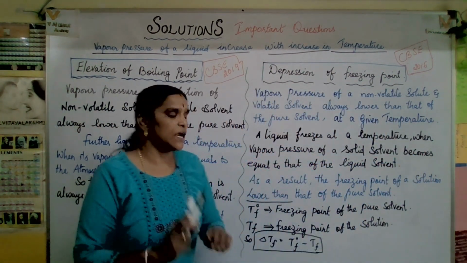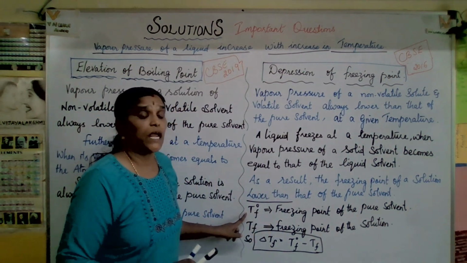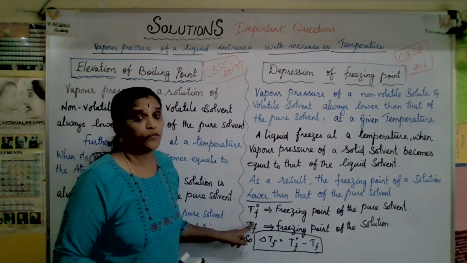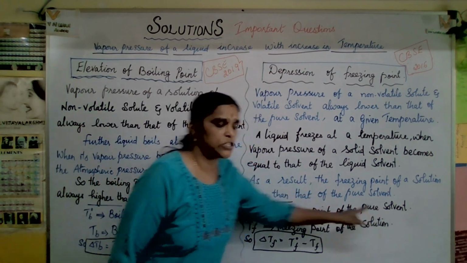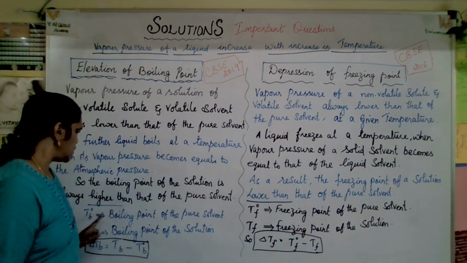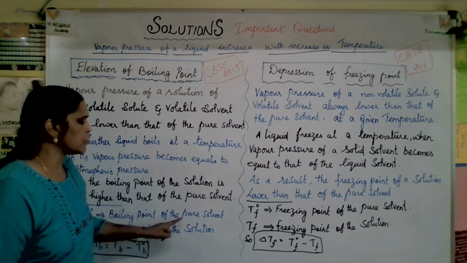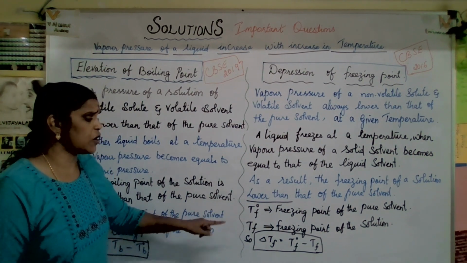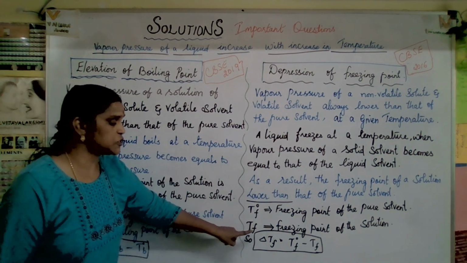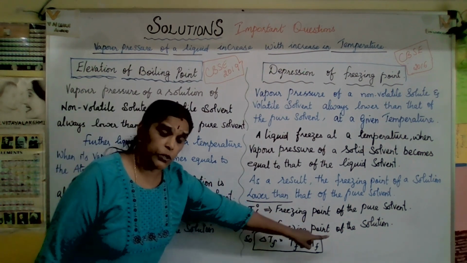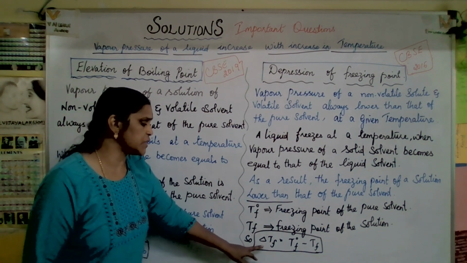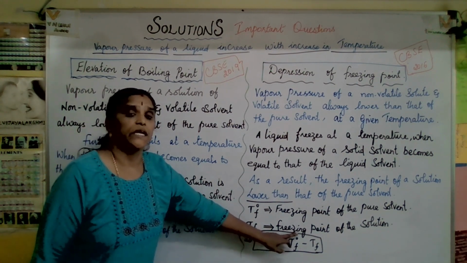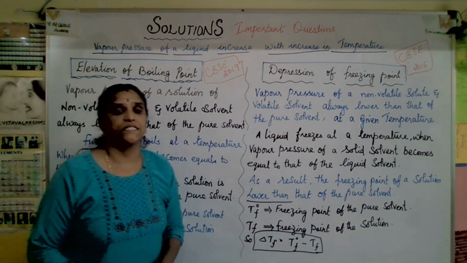Now let us discuss T naught F, the freezing point of the pure solvent, whereas TF is the freezing point of the solution. So the difference between these two, delta TF equals T naught F minus TF.